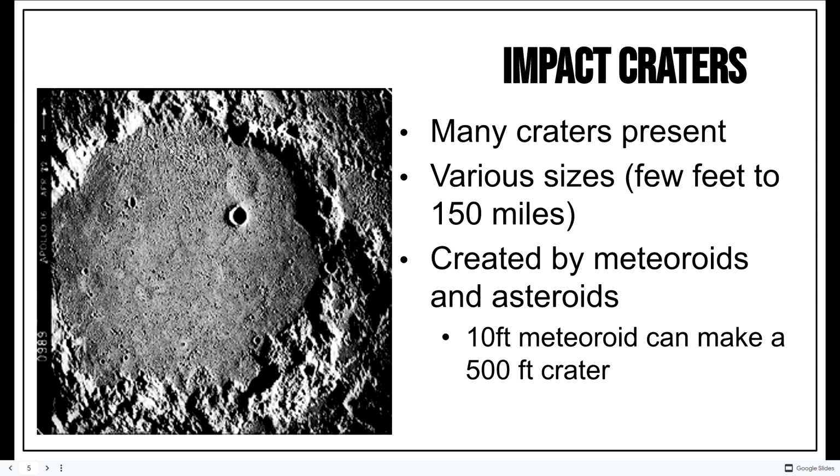Impact craters. So you have these large circular areas, depressions. They're varying sizes from a few feet to hundreds of miles. And they're basically created by asteroids and meteoroids that strike the moon. There's all kinds of space debris out there that are floating through space and run into the moon, and since it does not have the atmosphere, they don't burn up like they do when they come into contact with Earth's atmosphere.